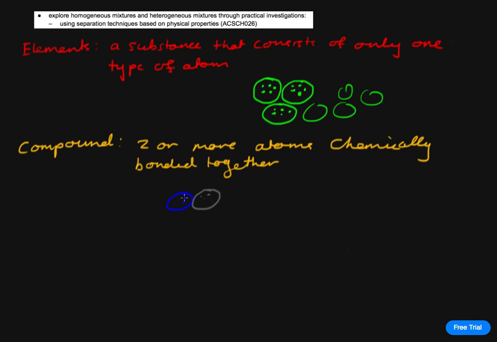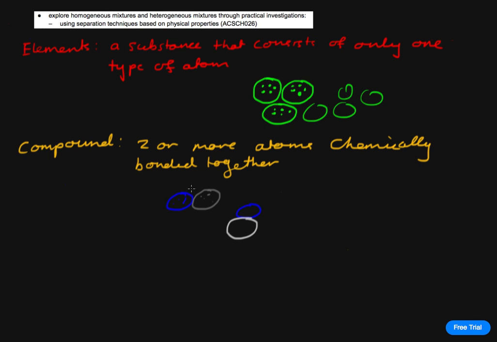And if I have a substance that is only made of this type of material, so a blue atom bonded to a grey atom, and you imagine this unit just repeats itself in the same way this atom up here does, this is a unit that repeats itself throughout the whole substance.